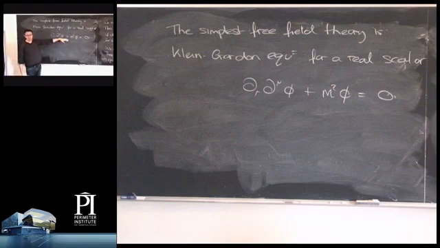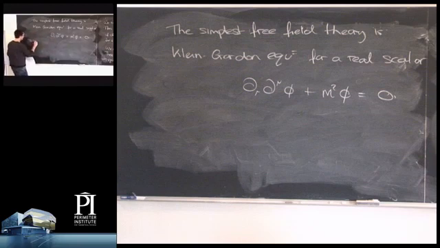So this is the Klein-Gordon theory. Let's just figure out how to solve this classical equation, and in seeing how to solve it, we'll see why it's free and why all these degrees of freedom are really evolving independently. To solve it, it's very easy. All we do is a Fourier transform.